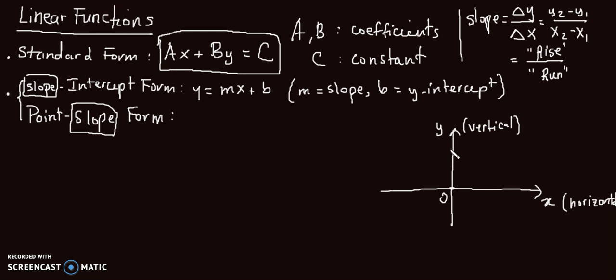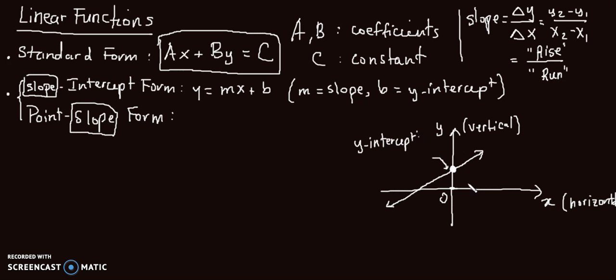So what is the intercept? An intercept is where the line cuts the OX or OY axis. For instance, if I have this line here, where would my y-intercept be? My y-intercept would be this point, because this is where the line cuts the OY axis.